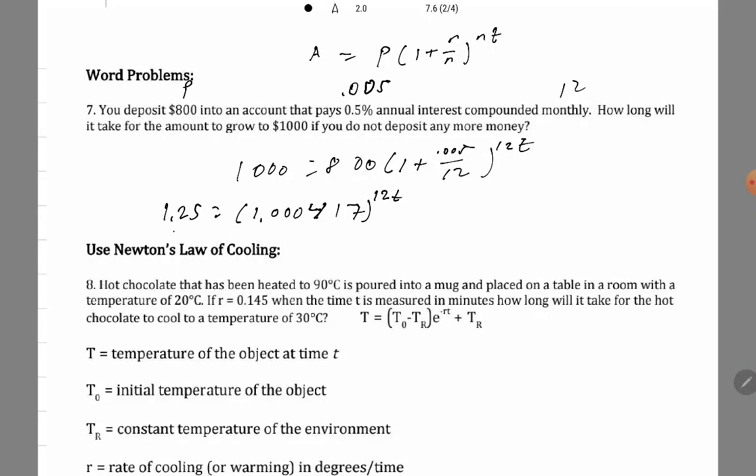So we are going to take log base 1.000417 of both sides.